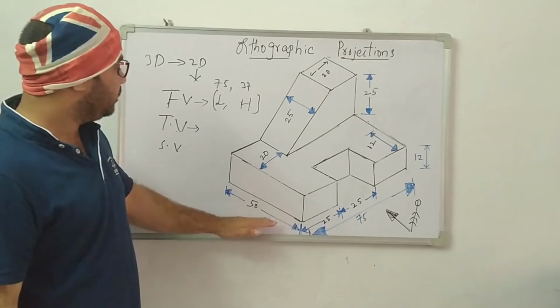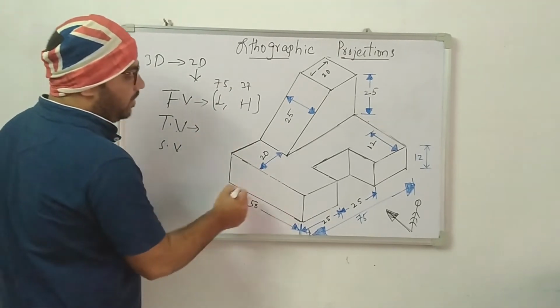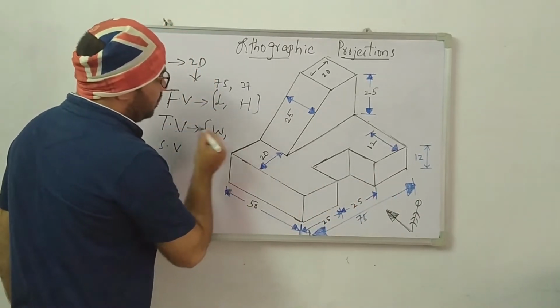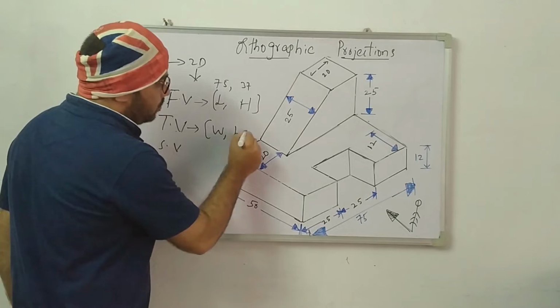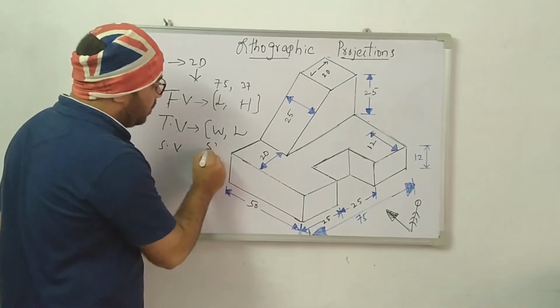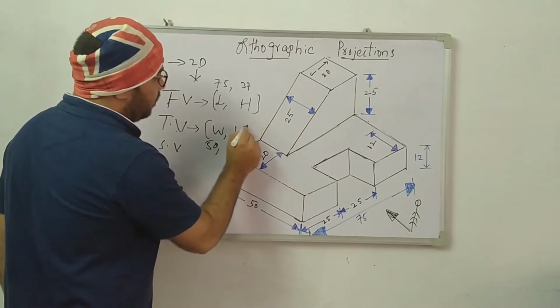In the top view, we are going to draw width and length. The width mentioned in this problem is 50, and the length is already mentioned, that is 75.